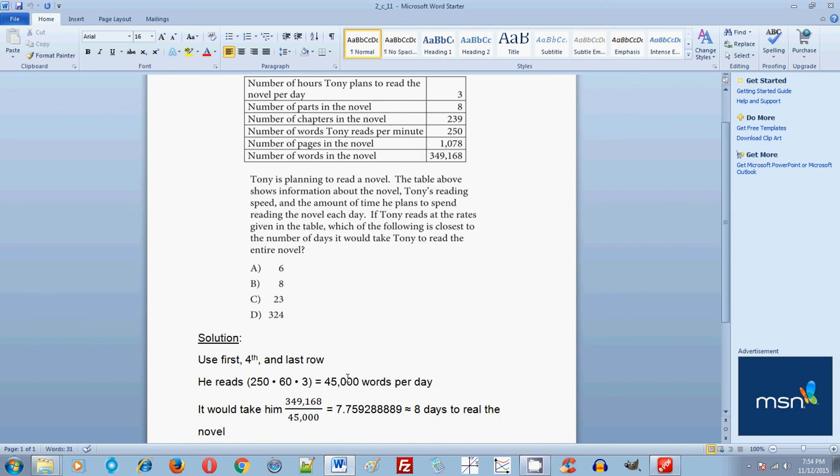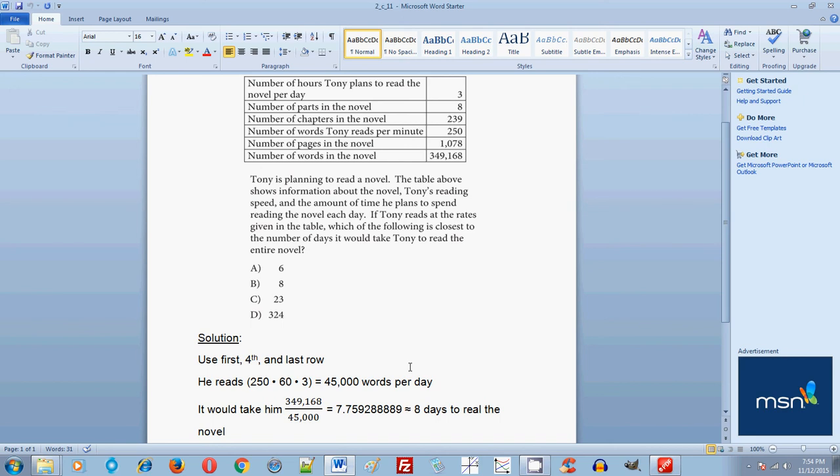Okay? So now, since we know how many words he's going to read per day, and we're given the number of words in the novel, which is way greater than 45,000, the number of words in the novel is 349,168. You will simply need to divide this huge number by 45,000 words to find the number of days that it will take him to read the entire novel.